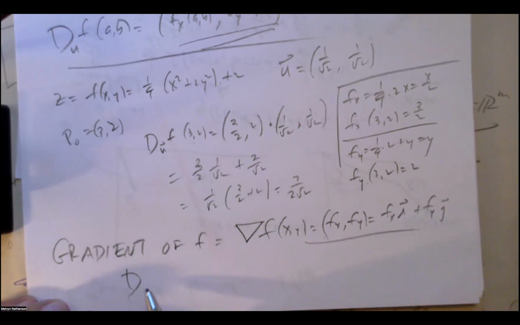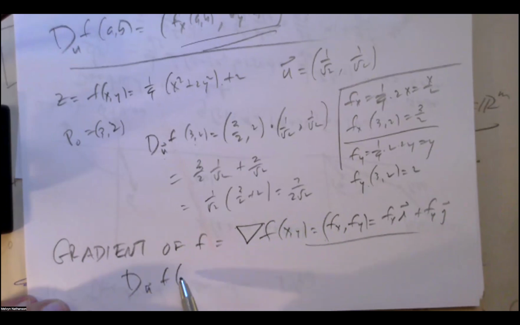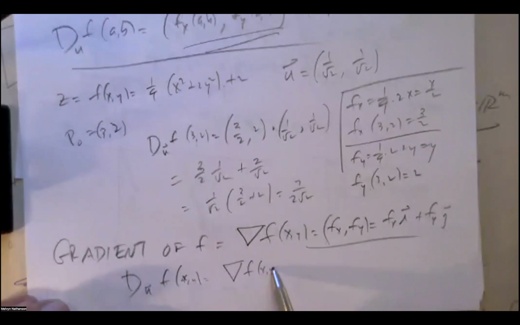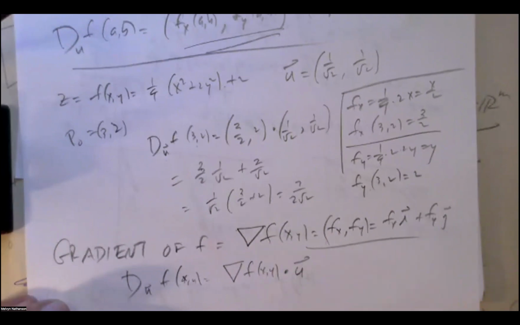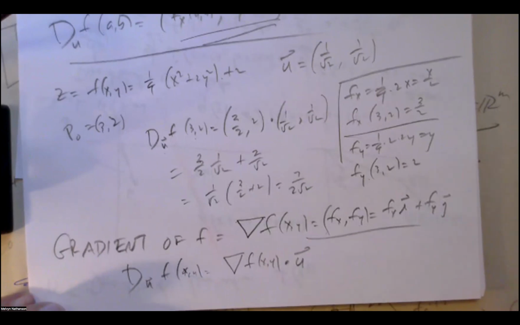And so we can also say the directional derivative of f in the direction of u at any point x, y is the dot product of the gradient of f with the vector u.